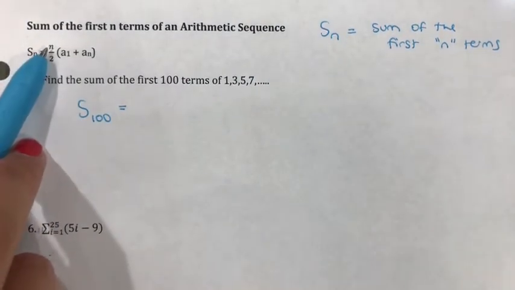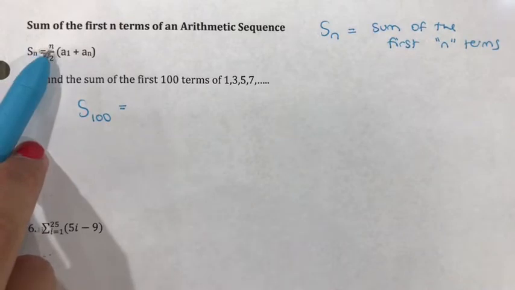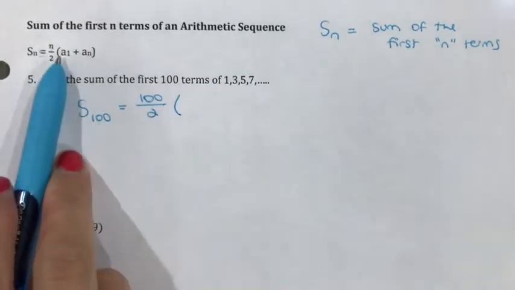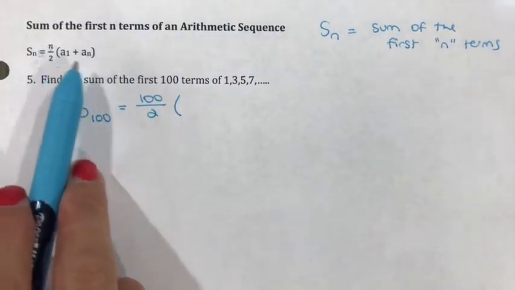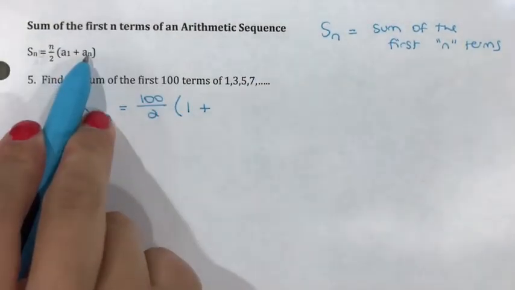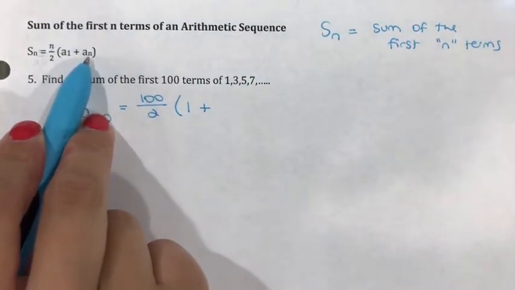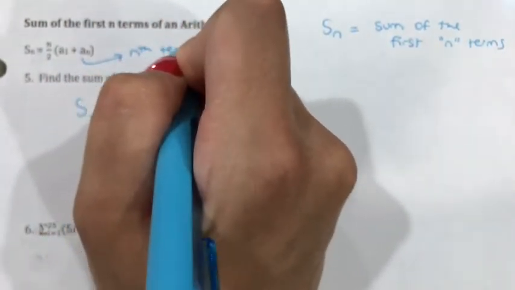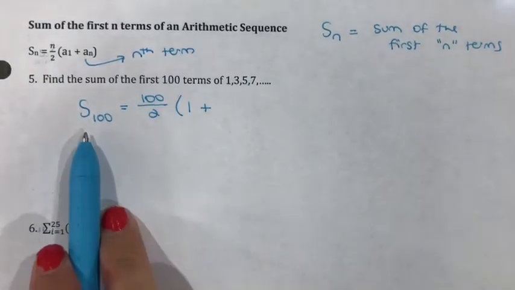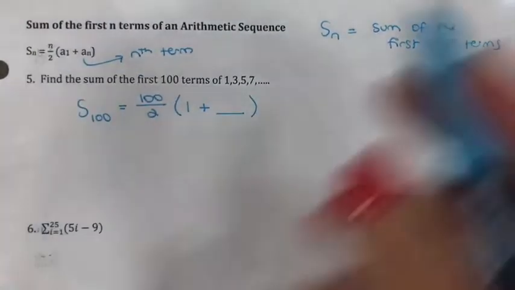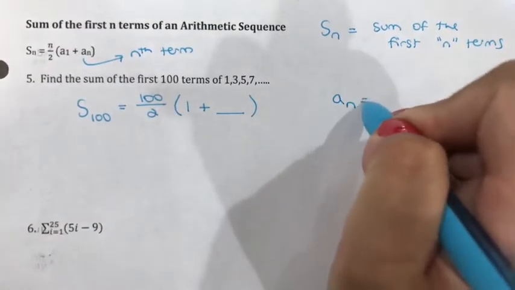Now, going back to our formula, n is the term number that you're looking for. So we're going to do 100 over 2. Parentheses, a1 is the first term, so I know that one, plus a sub n. Now this a sub n means the nth term. So in this case, I can't use the formula. I'm missing something. I'm missing a sub n.